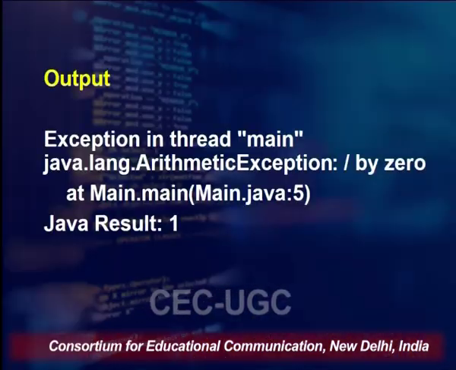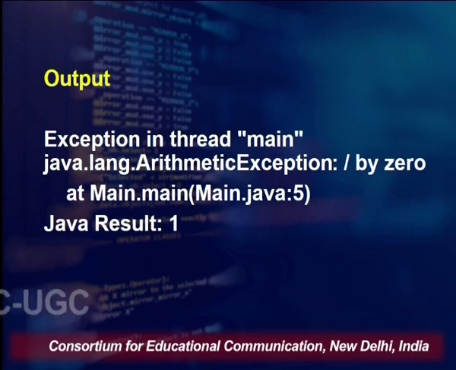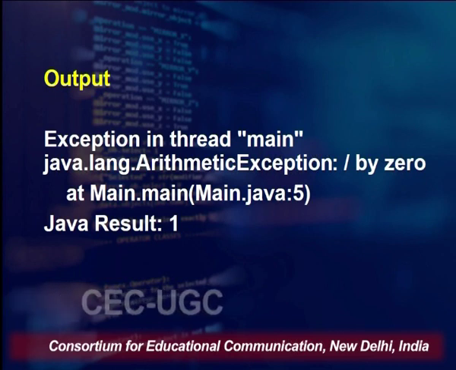What kind of runtime error is it going to generate? It is: exception in thread main, java.lang.ArithmeticException, divide by 0 at main.main, line number 5, and Java result 1.